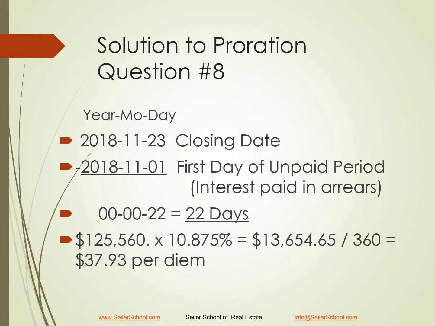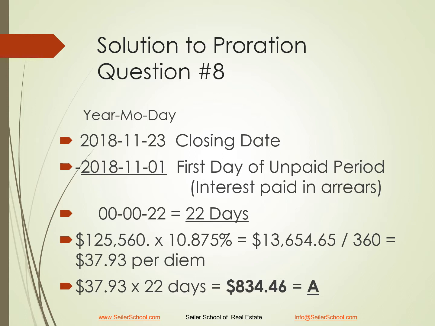So it's 10.875% equals $13,654.65 for the year, divided by our 360-day proration year is $37.93 per day. $37.93 times 22 days, $834.46, which is selection A.